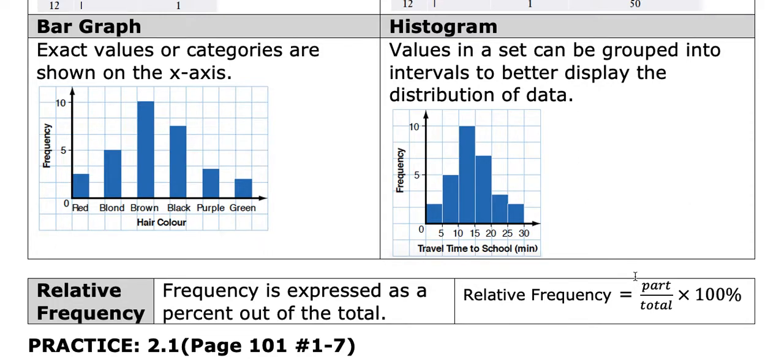So, a couple of things that we need to unpack. First of all, distribution of data is a term that refers to the spread of the information here. In this histogram, notice that the values are in intervals, 5 to 10, 10 to 15, and so on.